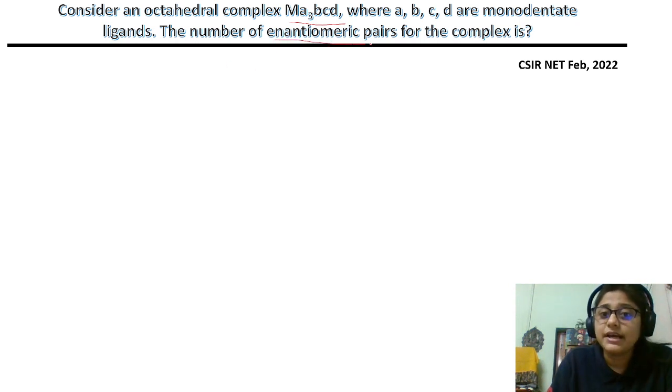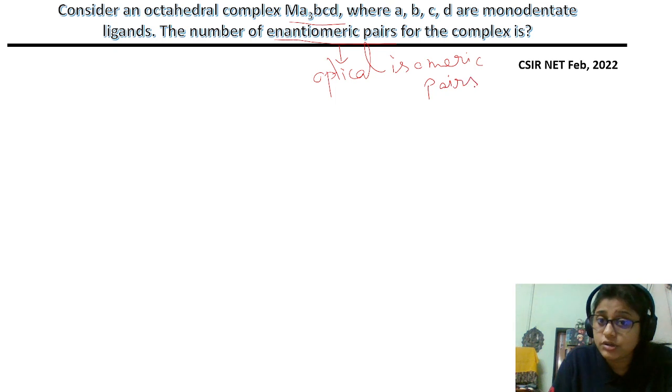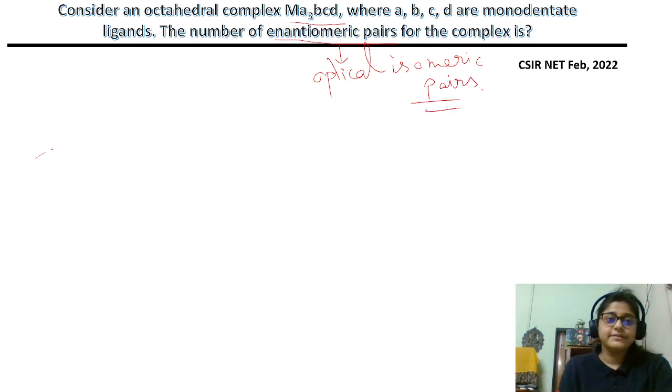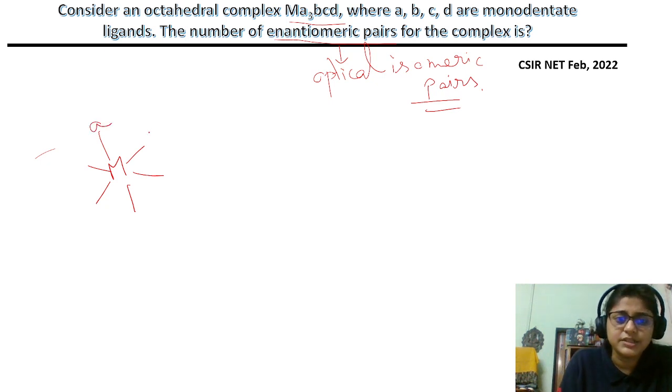Enantiomeric pairs they want, meaning only optical isomeric pairs, not the total. So let's draw this. Three A are present and B, C, D. Simple, right? No bidentate ligands are present, so it is simple.